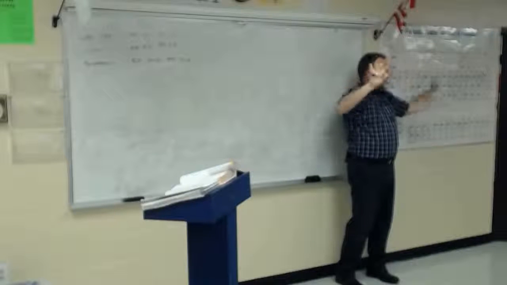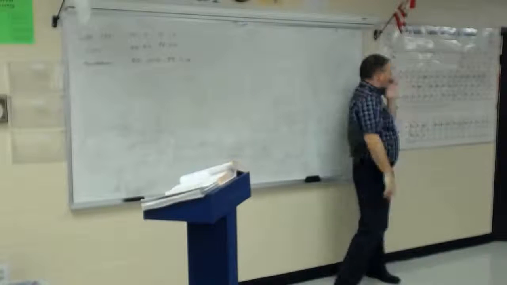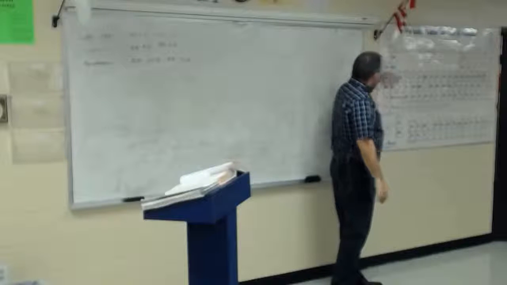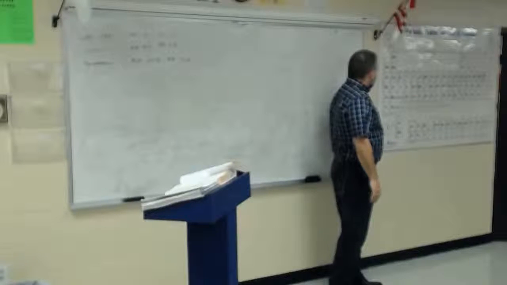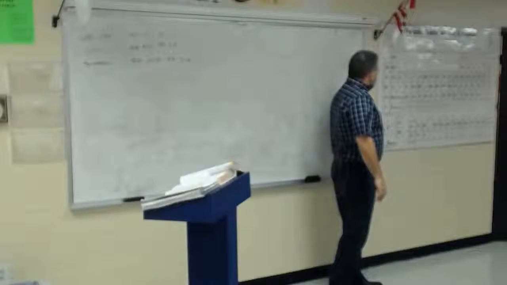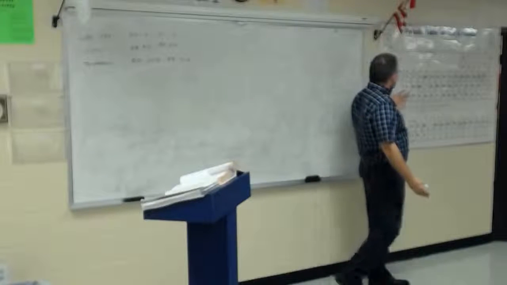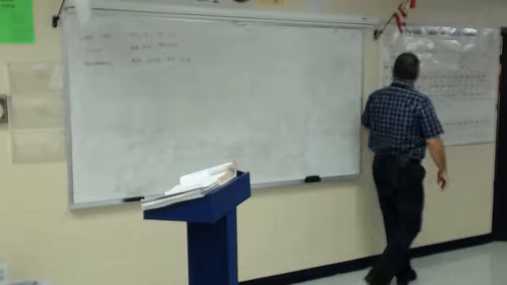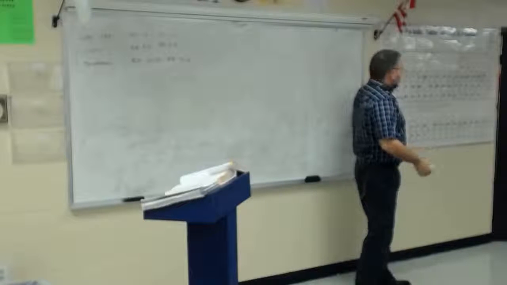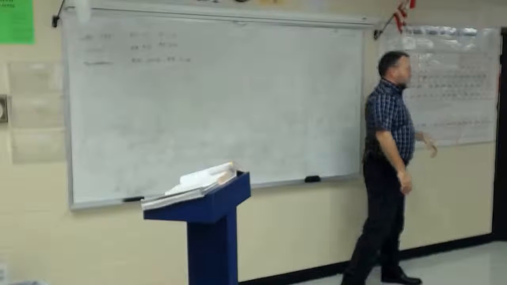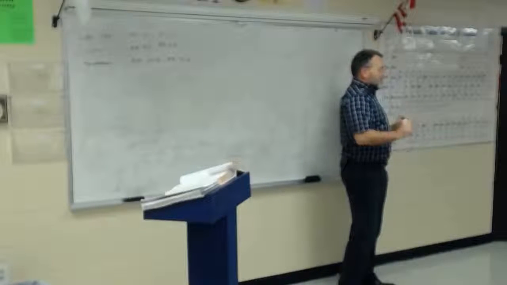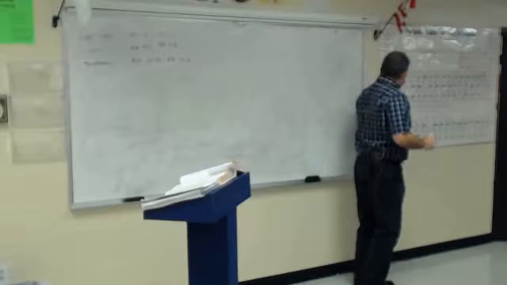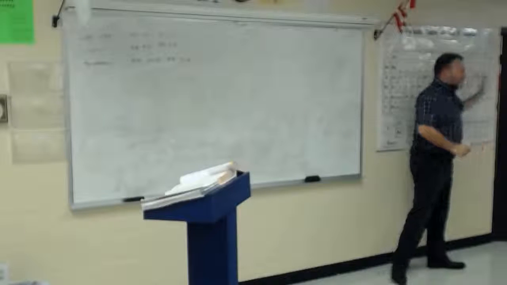So whatever is the highest energy level, count those up. It's going to be in the row on the periodic table. Like if I'm looking at bromine, for example, I know it's in the 4th row. My highest energy level is going to be on my 4th energy level. That 4th energy level is going to get its electrons from the S and the P that are in the 4th level.